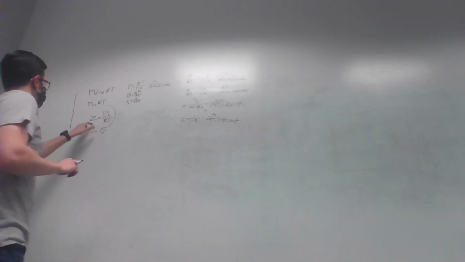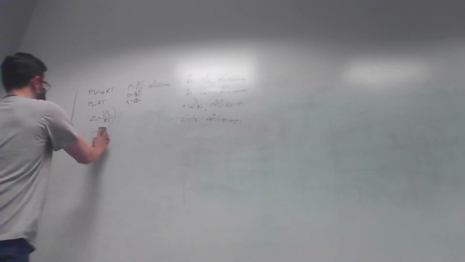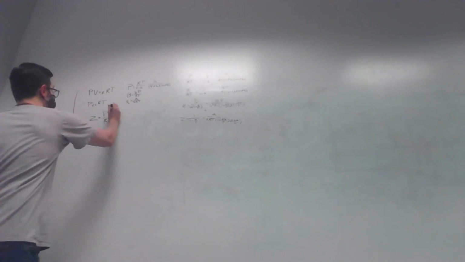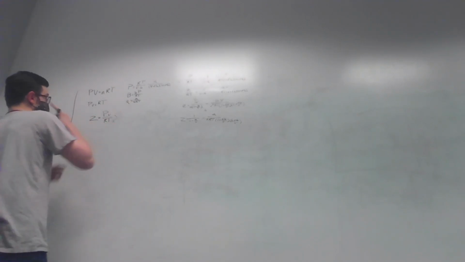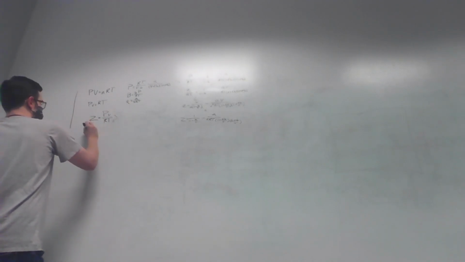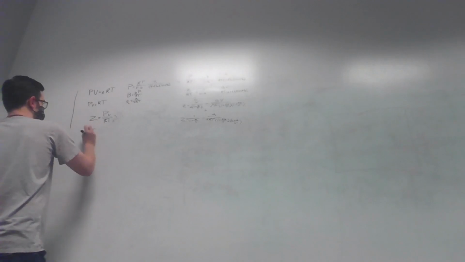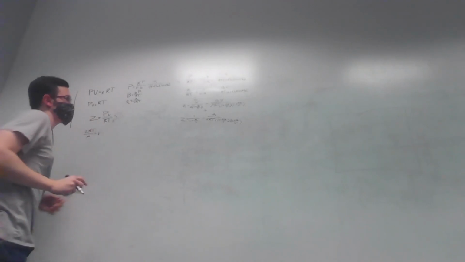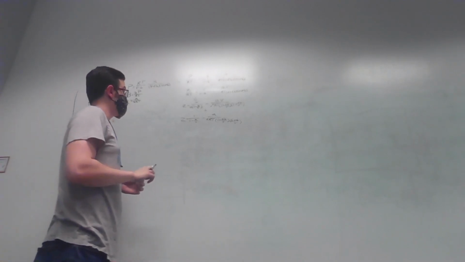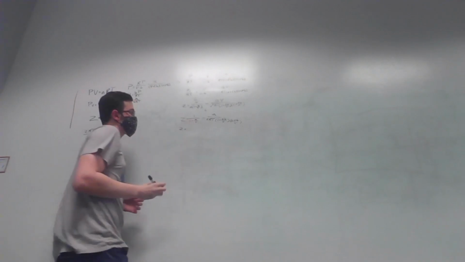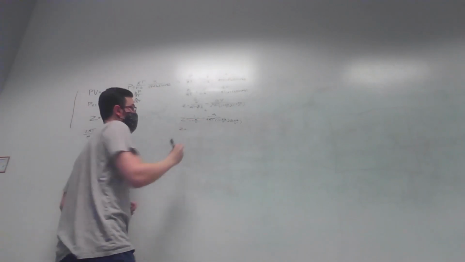Oops, no, we want to use it here. Wrong equation. I want to use it from here. So V equals Z R T over P.